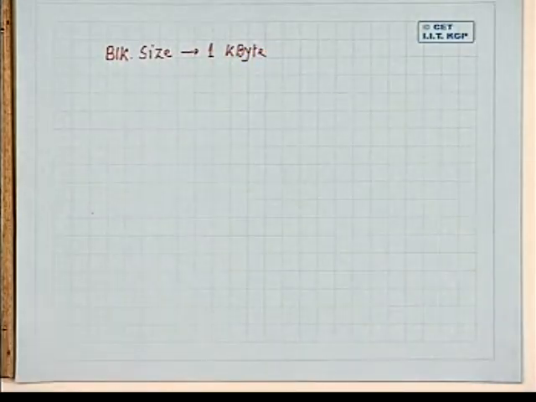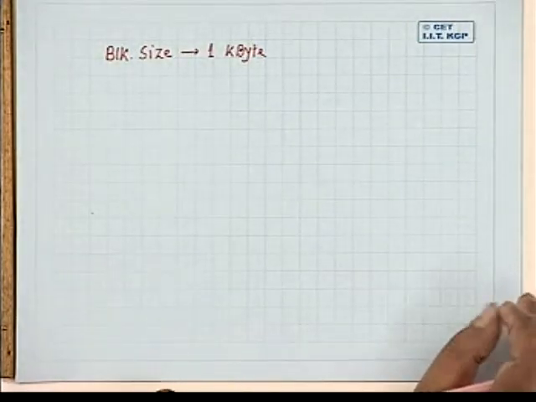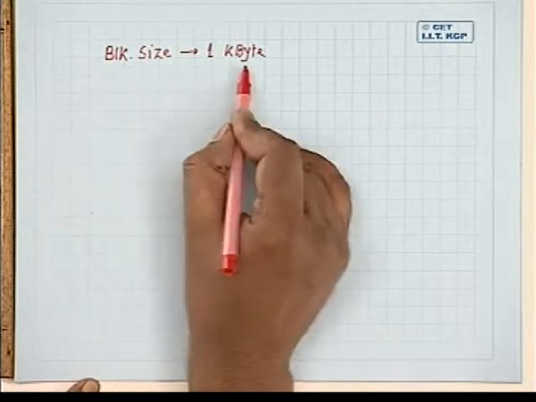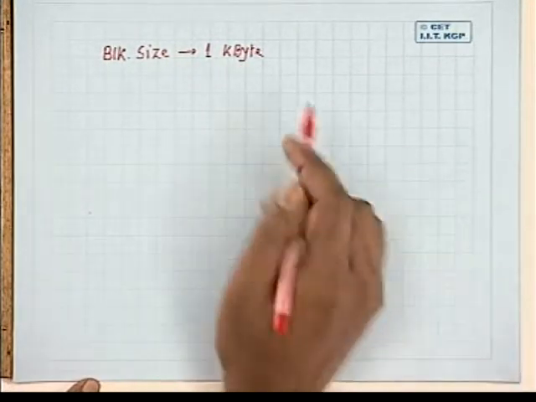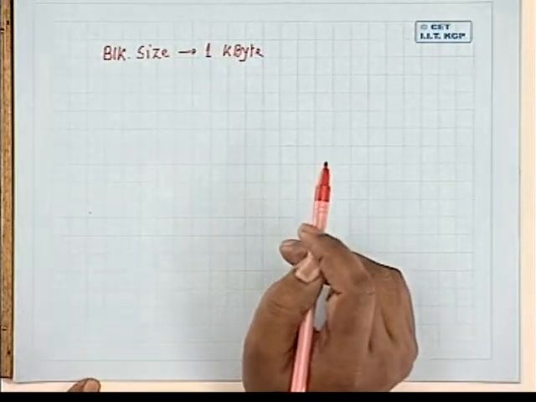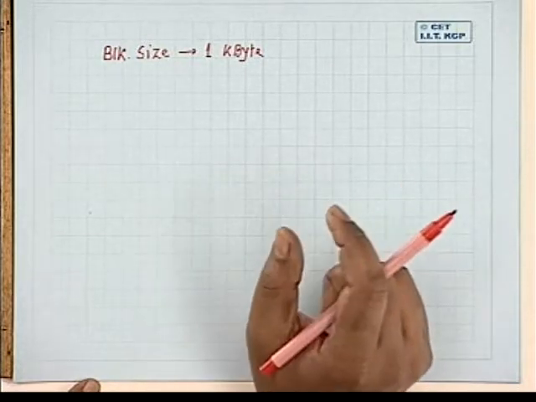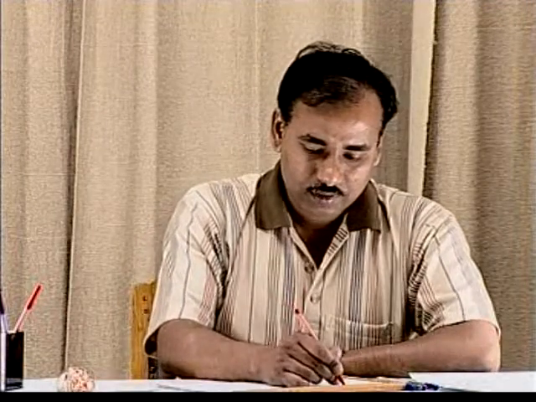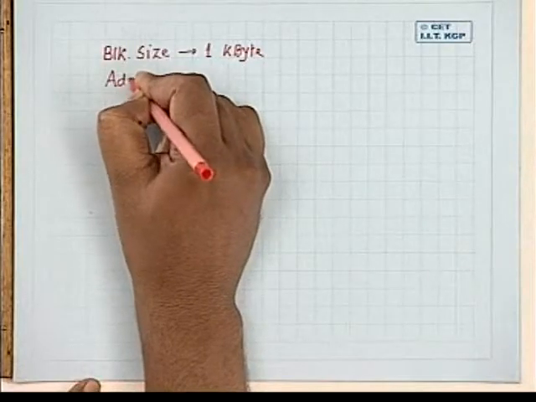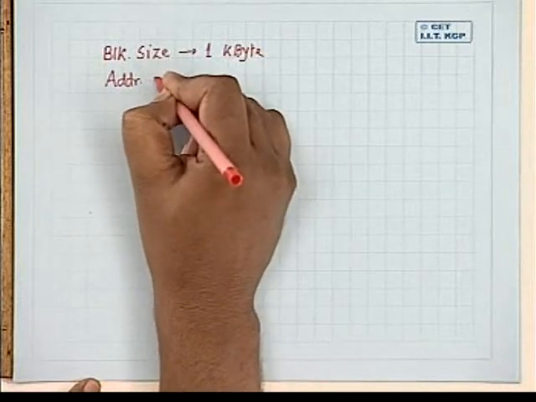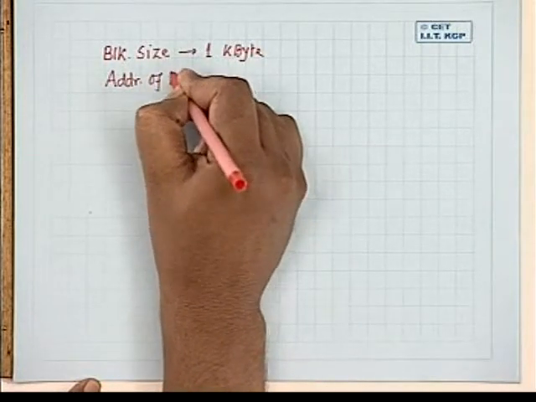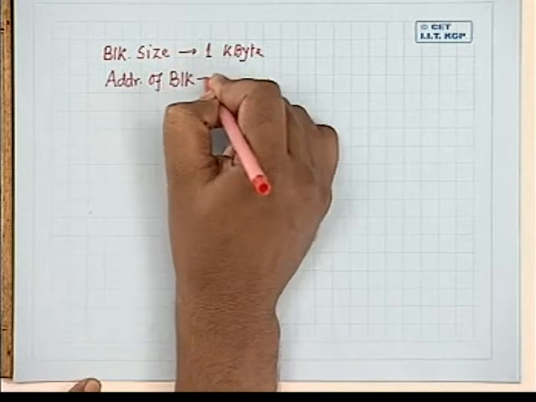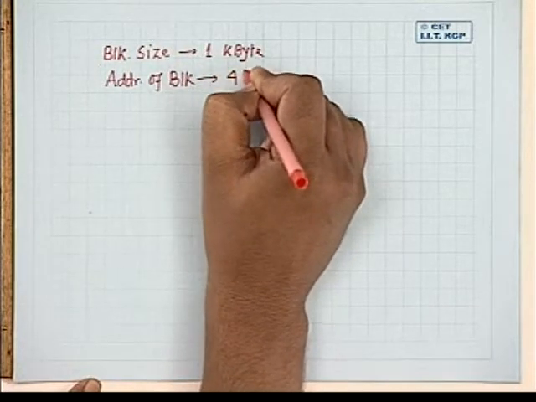Just to see how big a file can be following this table of contents. So every block on the file system on the disk is 1 kilobyte. And if I assume that for addressing a particular block, that is address of a block, takes 4 bytes.